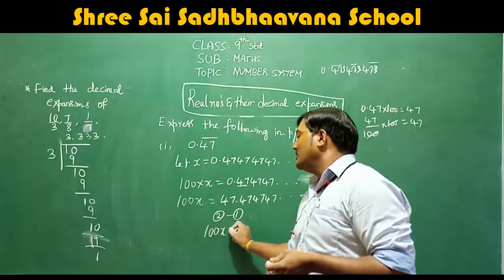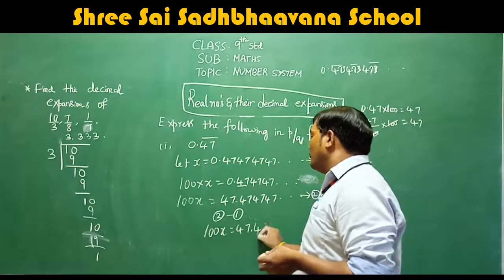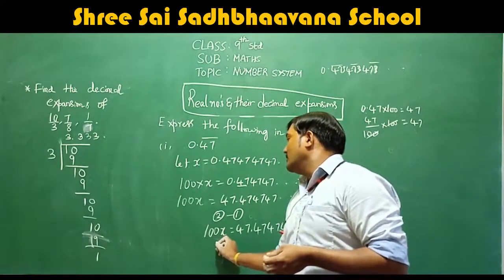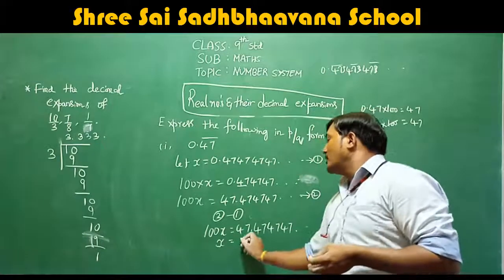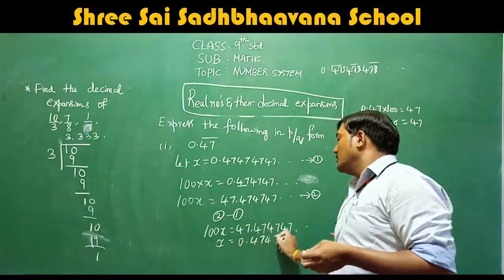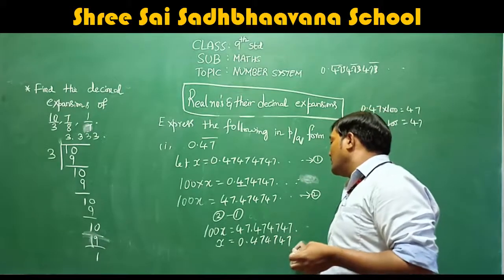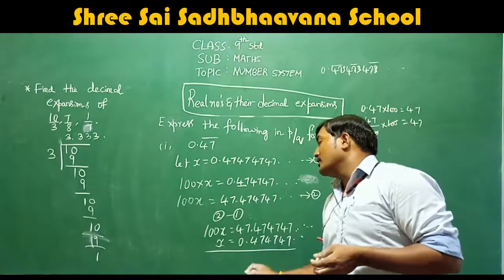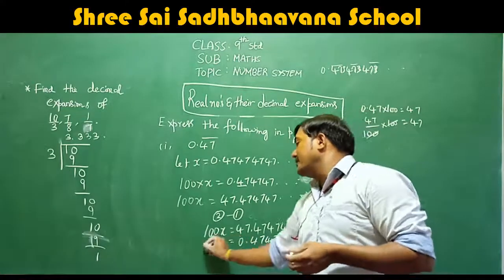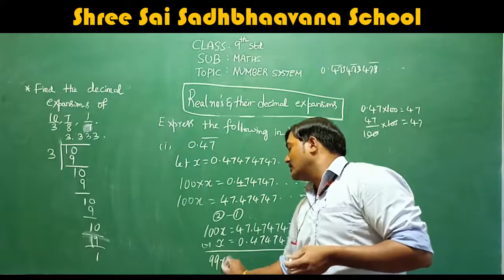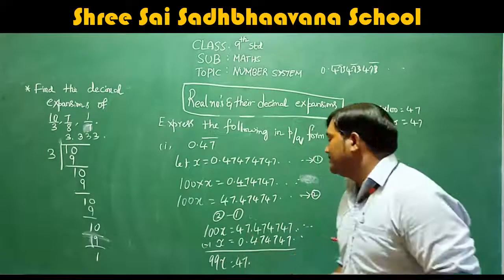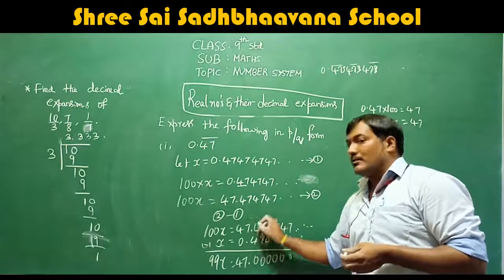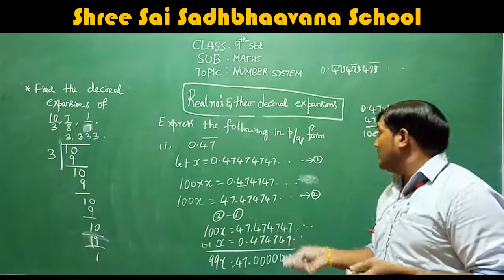So 100x is equal to 47.474747, and x is equal to 0.474747. Don't forget to put the dots. Now 100x minus x is 99x, and 47 minus 0 is 47, and 4 minus 4 is 0. The same numbers subtracted from the same number, definitely you will get 0.